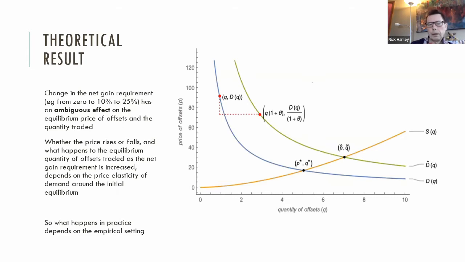And the interesting result we got out of the theory model was that actually, as you increase this net gain target, the impact on the equilibrium price and quantity is actually ambiguous. And it actually depends on the elasticity of demand around the equilibrium. And that's because there's two things going on. As we increase the net gain requirement, that means developers are essentially having to buy more credits to build on a given location.